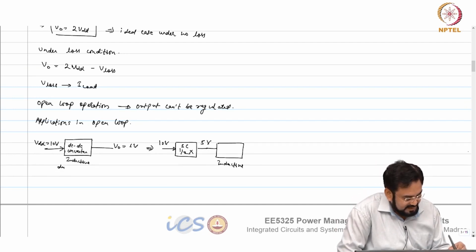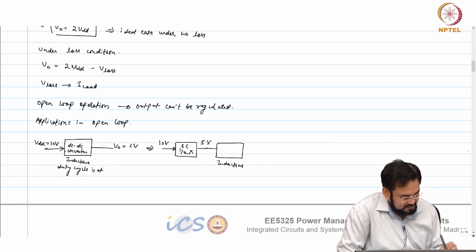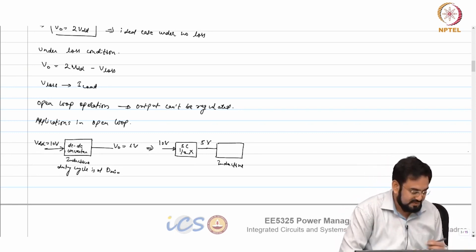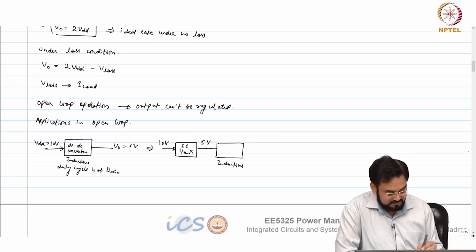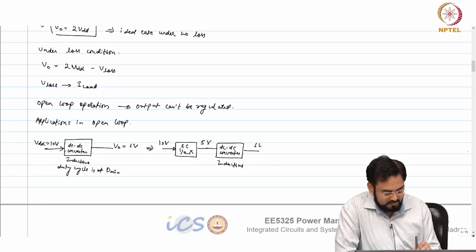So in this case, duty cycle is D min, okay, or closer to D min. This is your V out.